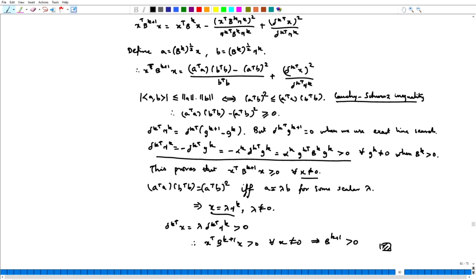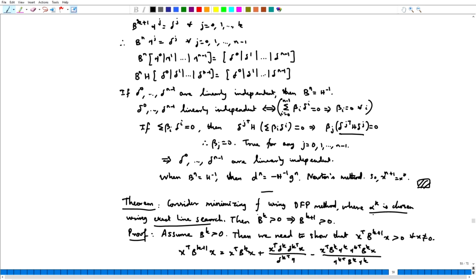Note that B_{k+1} may turn out to be something other than a positive definite matrix only if delta_k transpose gamma_k is not greater than 0. For example, if it is less than 0 then we could have B_{k+1} be a matrix that is not positive definite. So, this is a proof.